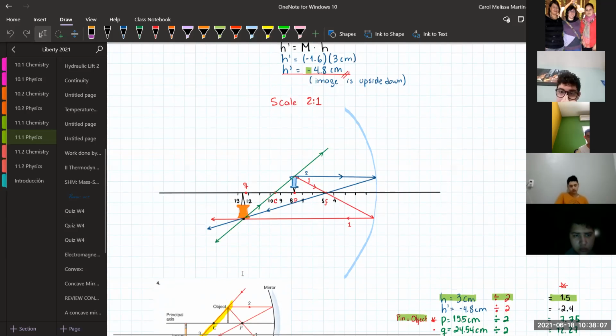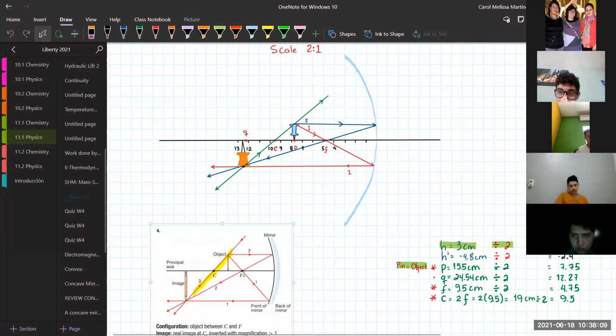Now, after we do this, we can confirm if what we got is correct. Take a look at the size of the image. The image size, which is H apostrophe, here it measures almost 2.5 squares. Remember that we use a scale that is 2.